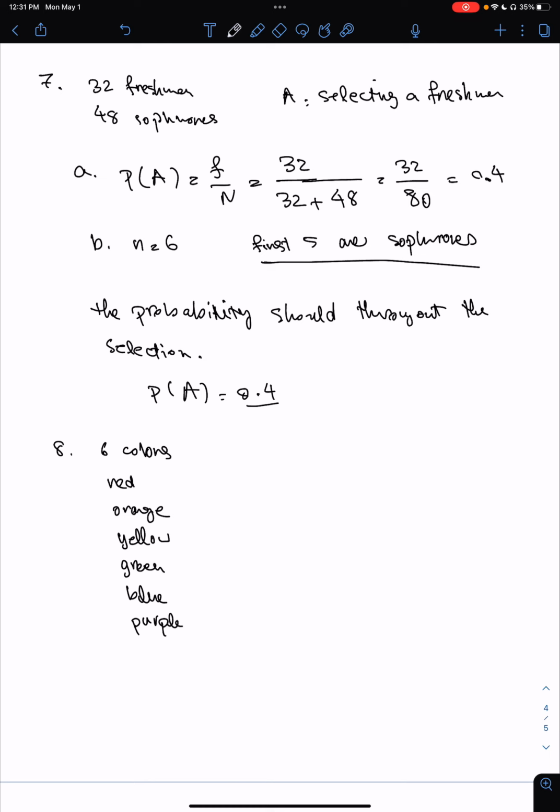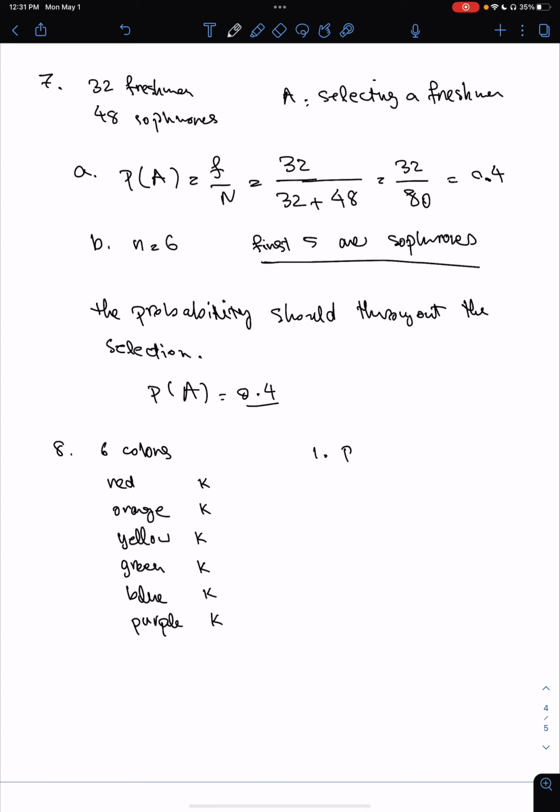Let's consider the number as K. So we have K red candies, K orange, K yellow, K green, K blue, and K purple. K is just a number, like 5, 6, whatever. So what is the probability of selecting a green candy?